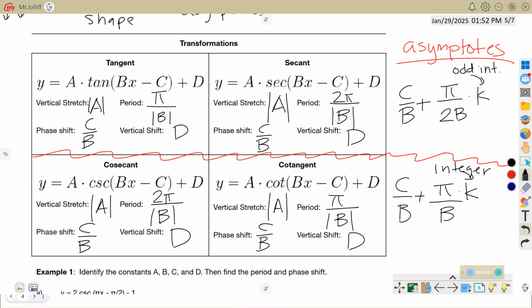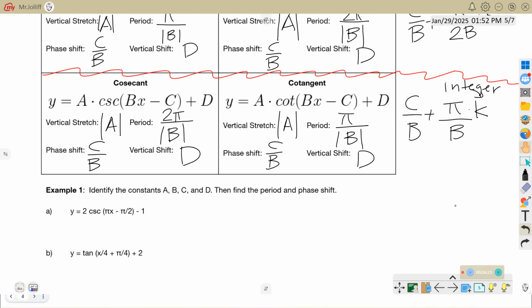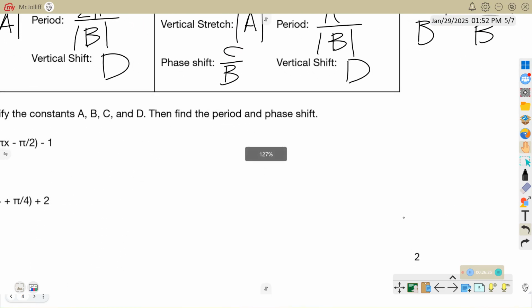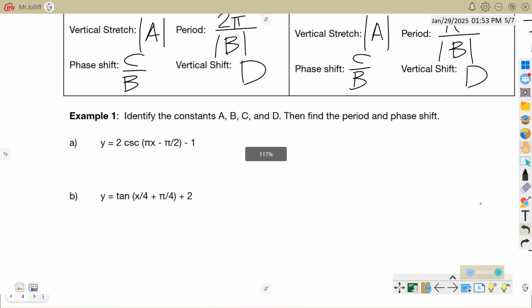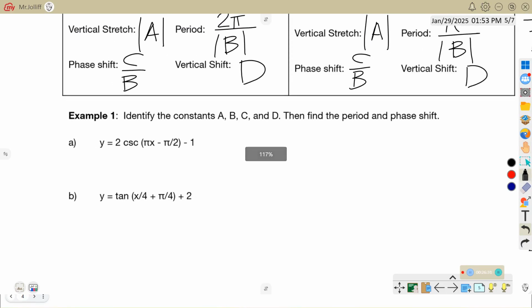Are we still awake? A little bit, maybe. All right, so I'm going to scoot it up. For example 1, it says identify the constants A, B, C, and D, then find the period and phase shift. I'm going to add an extra set of directions, asymptotes, because I think that's good practice for us. Find the asymptotes.